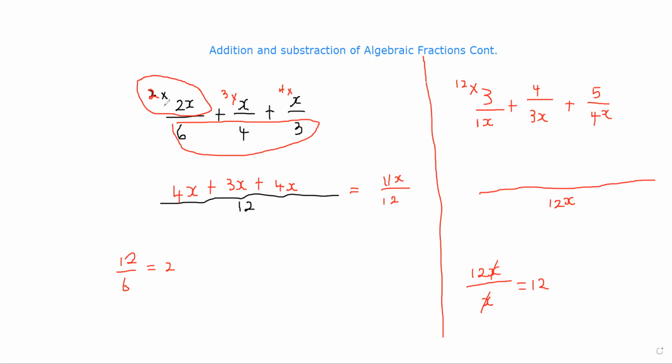Similarly, we're using the denominator, which in this case is 12x, not 12, and we divide it by the x. 12x divided by x, the two x's cancel out, and we get 12. Remember when we did division, all we do is apply it. So 12x divided by x gives me 12.